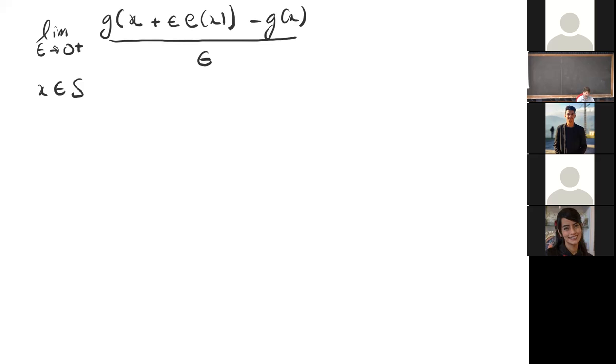So what does this mean? I'm sitting on a point here. I look at the variation of my function when I move a bit on my surface by a value epsilon, in a direction so that I stay on the surface, and this direction is fixed by the tangent. To stay on the surface, I must go in the direction of the tangent. Is it clear?